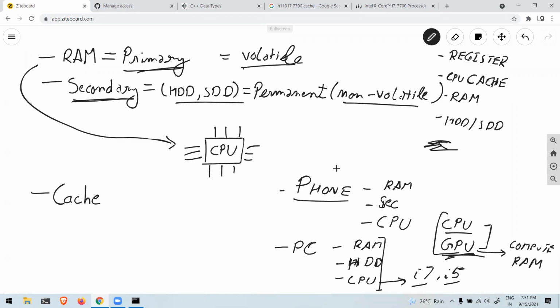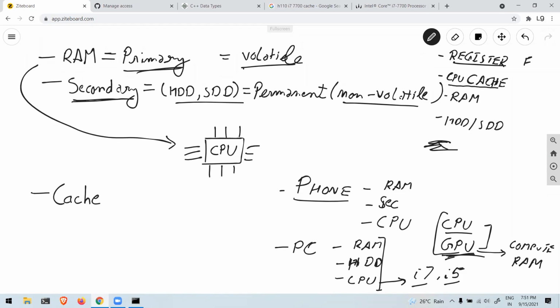So if you have a 4-core CPU, there are 4 CPUs inside it. Each CPU will have its own set of registers, which is very fast. This is the fastest kind of memory available in your system. I'll tell you what we mean when we say fastest.